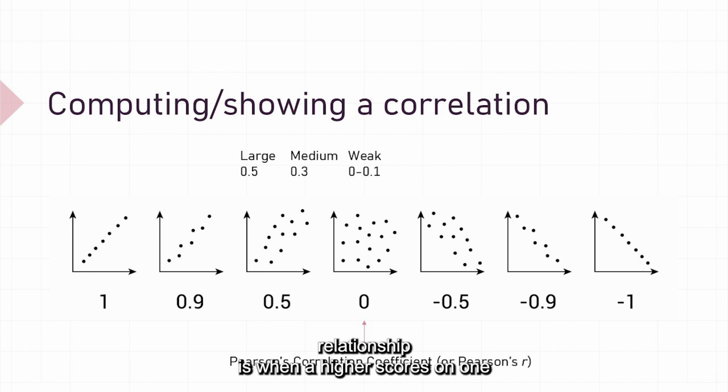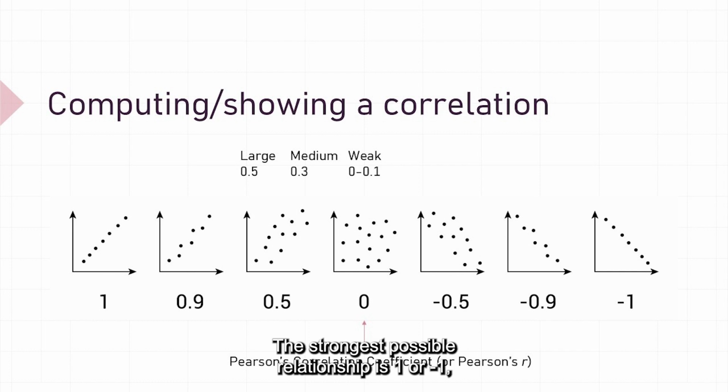A negative relationship is when higher scores on one variable are associated with lower scores on the other variable. Please bear in mind that the positivity or negativity of the relationship has nothing to do with the strength of the relationship. Both positive and negative relationships can be strong or weak.